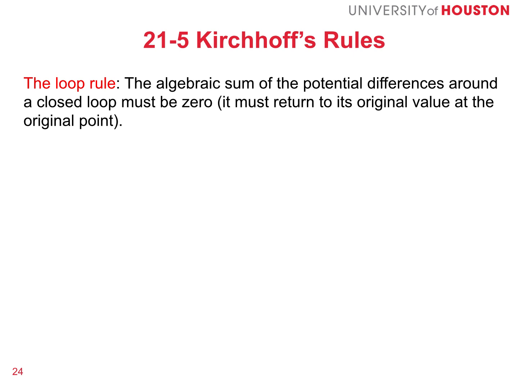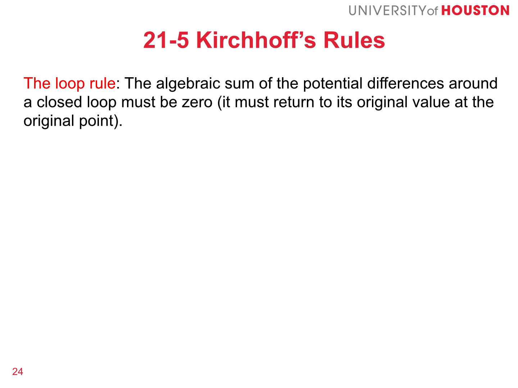The loop rule, which is a consequence of energy conservation, states that the algebraic sum of the potential differences across the closed loop must be 0. A closed loop is defined as a loop where current can start off at a particular place and it can then return to the same place.